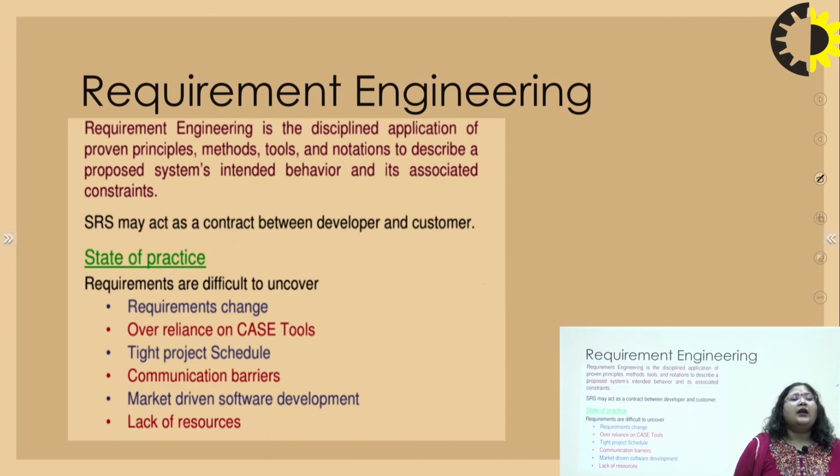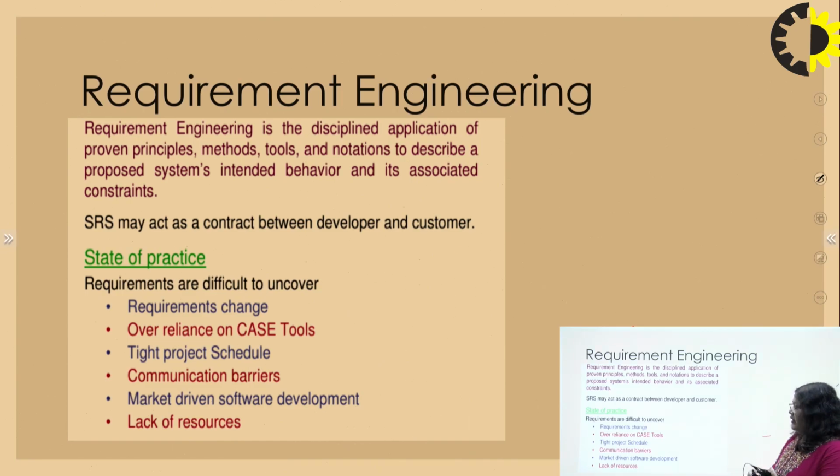Communication barriers: if the user and the developer communications are not completely met, it is a communication barrier. Market driven software development and lack of resources. These are the basic things that we have to define at the time of requirement specifications.